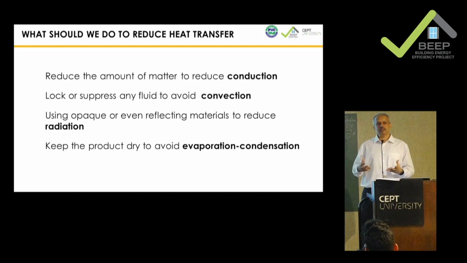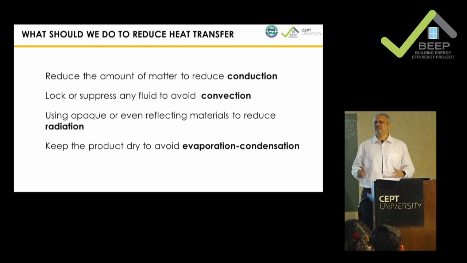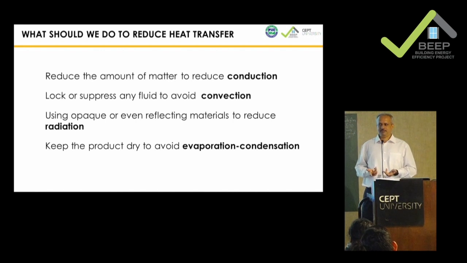The construction and material selection is fully dependent upon how you are going to use your building. If I insulate myself heavily, I will not allow any heat transfer through conduction because my walls, roofs and floors are heavily insulated. But then every morning I come and open windows, how is that insulation going to help me?